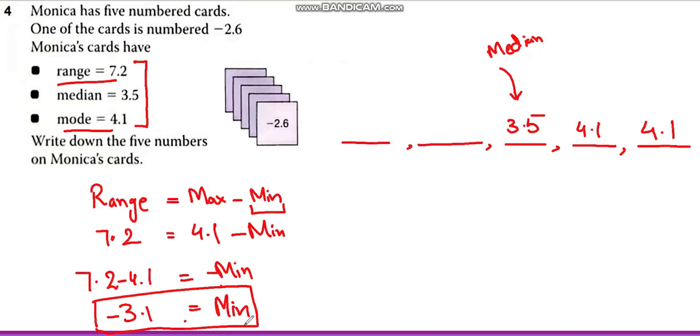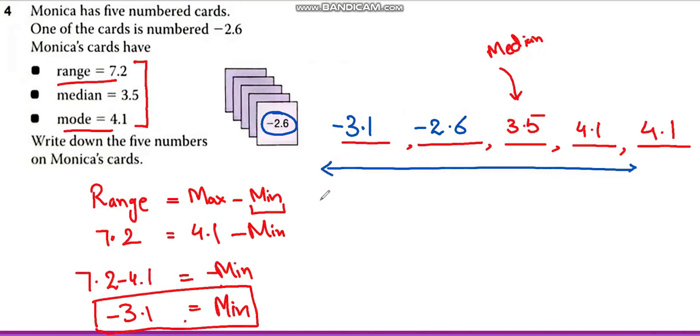So from the range, we have got the minimum value that I can write on the left extreme. I'm left with negative 2.6, which is more than negative 3.1, so I can put it over here. Now these numbers are satisfying our conditions. Please observe that the mode was 4.1, so I put it 2 times, and the data had to be arranged in ascending order, so I put the values accordingly.